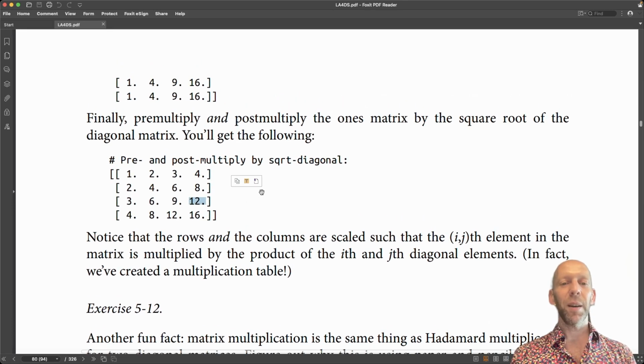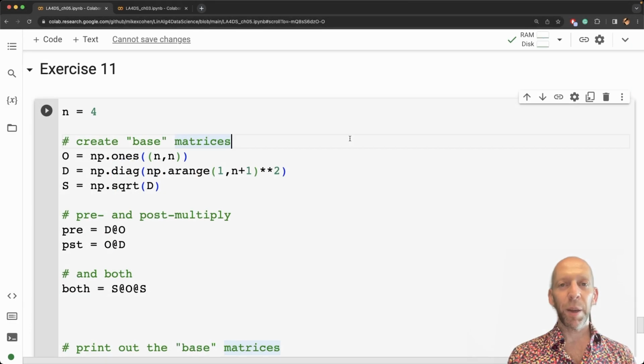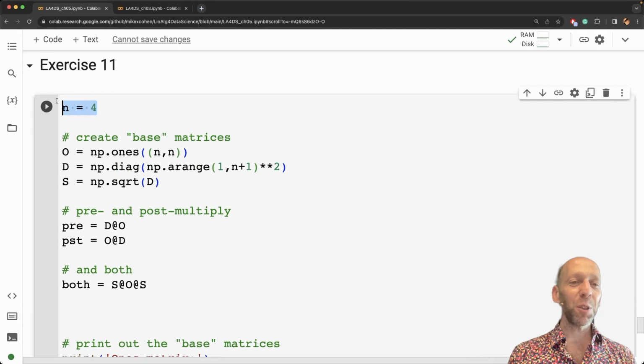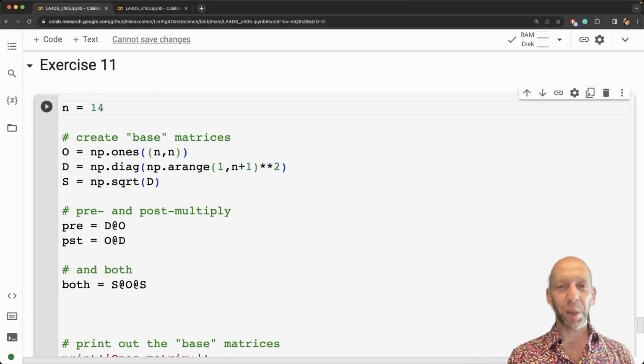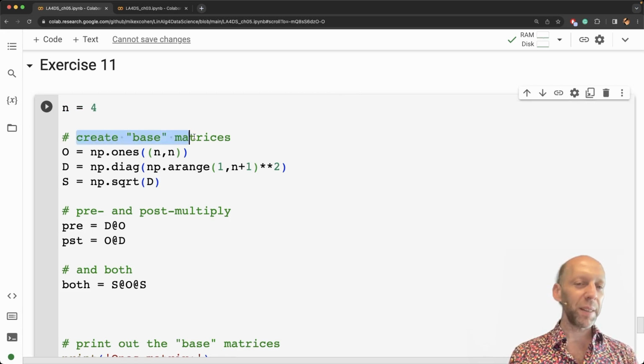Okay, so now I will switch to Python. I'll show you the code solution for this exercise. As I mentioned, the Python code for this exercise is not terribly difficult. Here I have soft coded n equals 4, and that's to give you the opportunity to explore larger matrices if you like. Here I call these the base matrices.